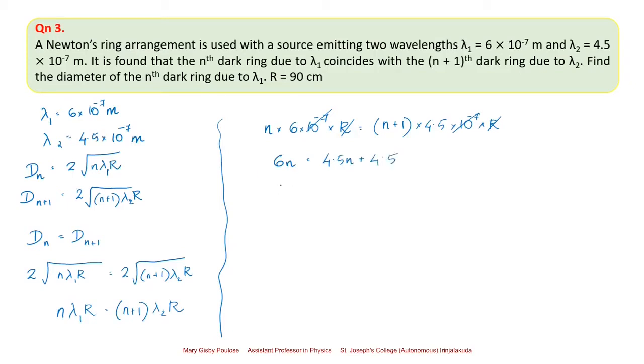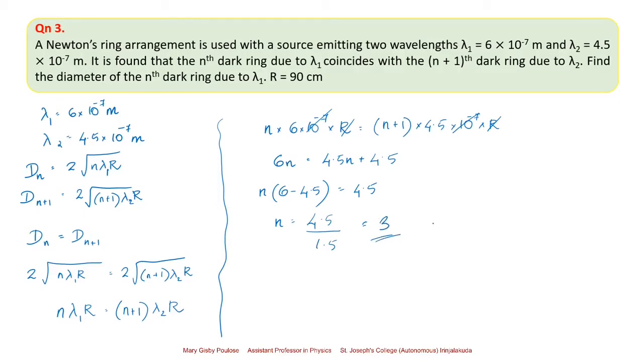So here we get n into 6 minus 4.5 is equal to 4.5. That is, n is equal to 4.5 divided by 6 minus 4.5, which gives 1.5, and hence this will be equal to 3. So we found the value of n.